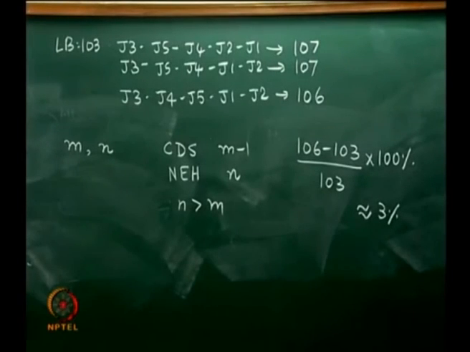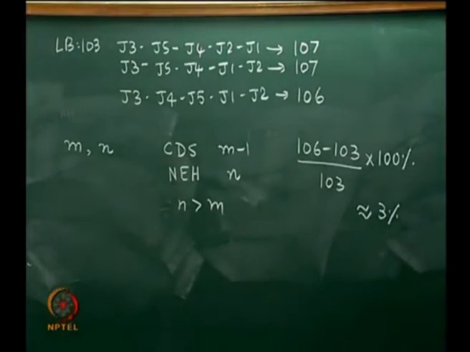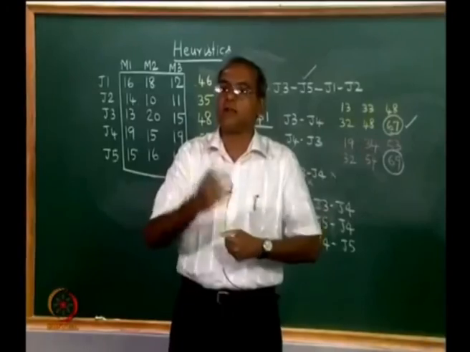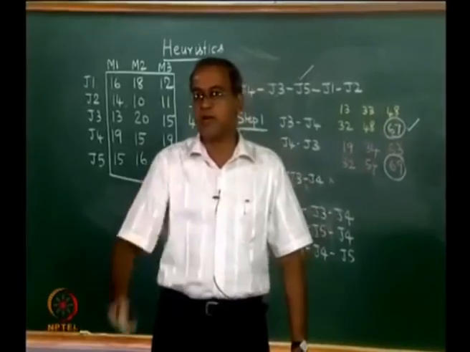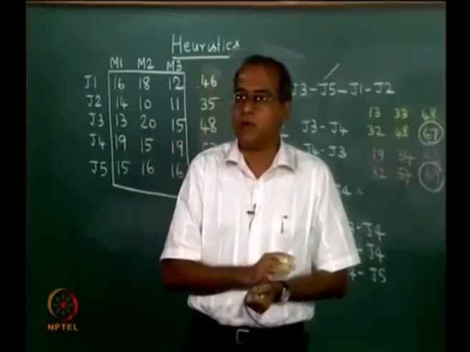This will be slightly less than 4 in the earlier case and slightly less than 3 in this case. So if we are happy with a solution which is within 3% of the optimal, we can take the NEH and use it. If not, we proceed for other methods with the hope that we may get or we wish to get a solution less than 106.